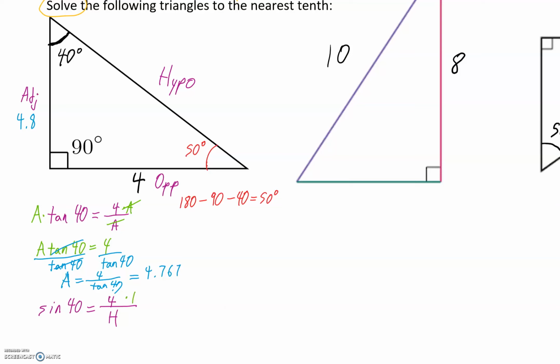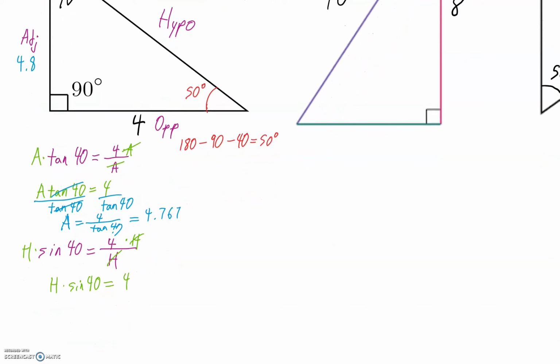Okay, now we're going to multiply by h on both sides. I want to take it slow. So h times sine 40 equals, and these cancel, so equals 4. Now we're going to divide by sine 40 on both sides.